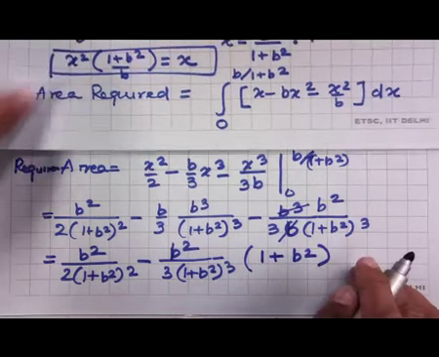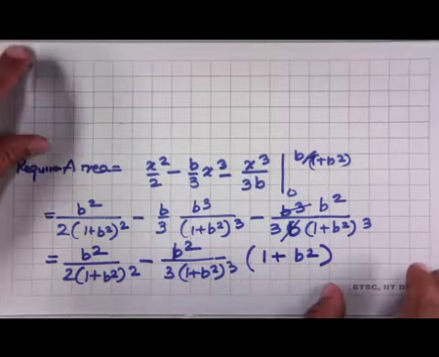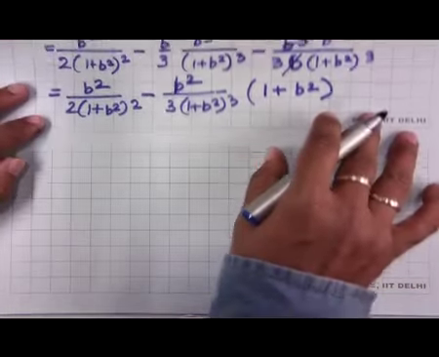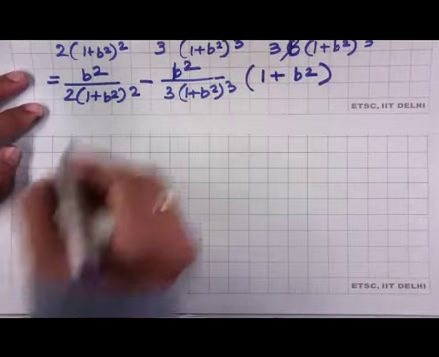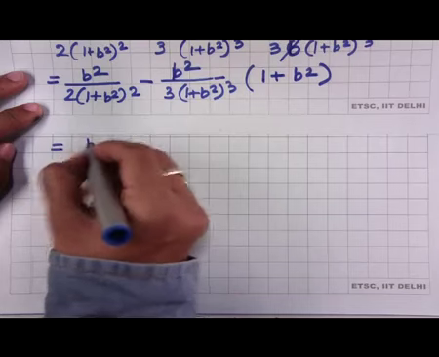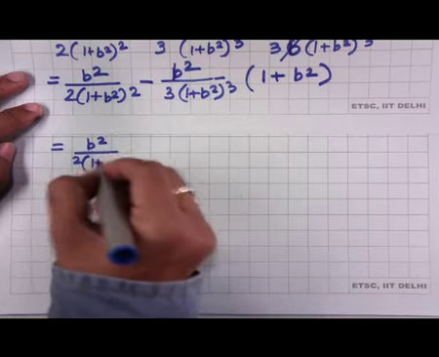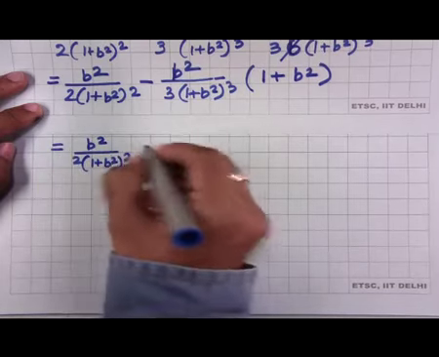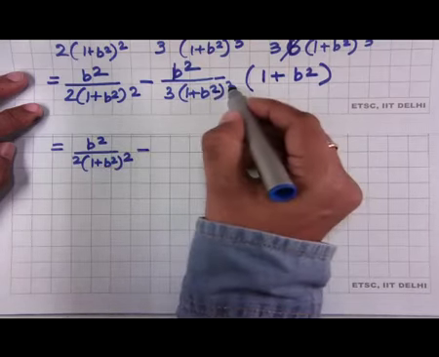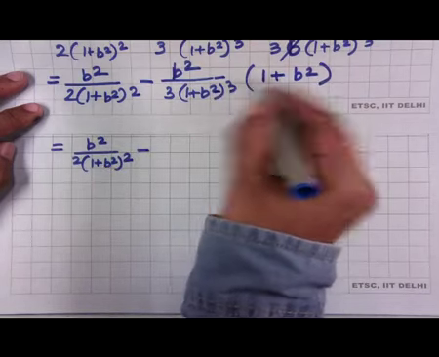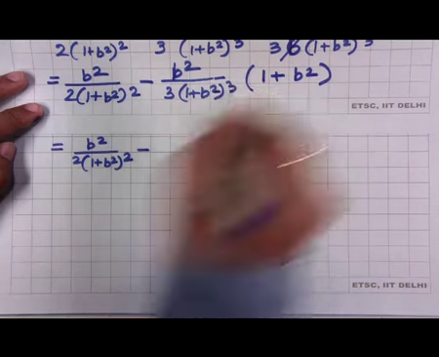So, value of this is required area is b square by 2 into 1 plus b square minus this cubic will be cancelled and by this one. So, you get square here.